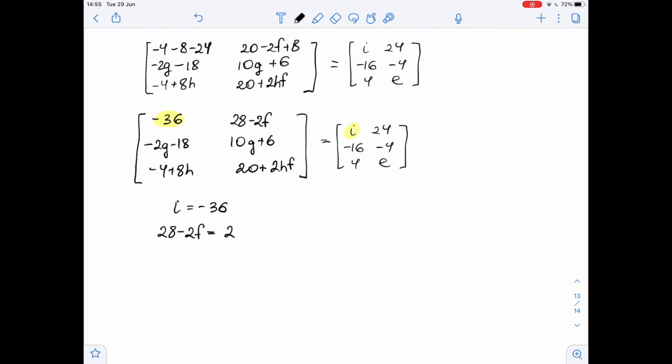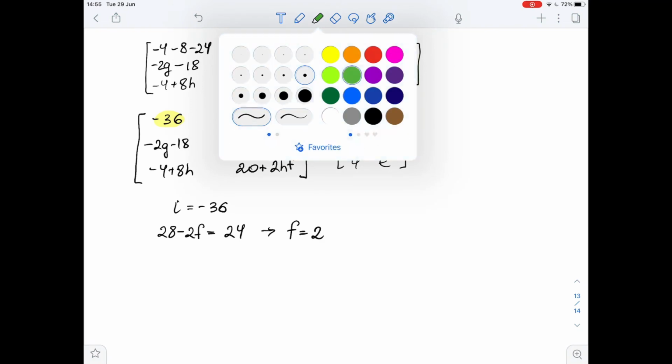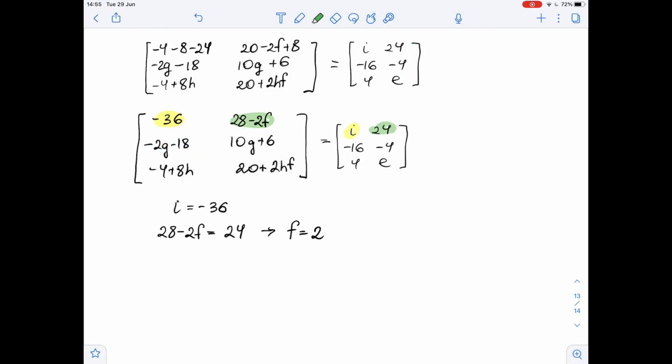So this means that 2f equals 4, then f equals 2. In the next row, we see that -2g minus 18 equals -16. We get that 2g equals -2, so g equals -1.